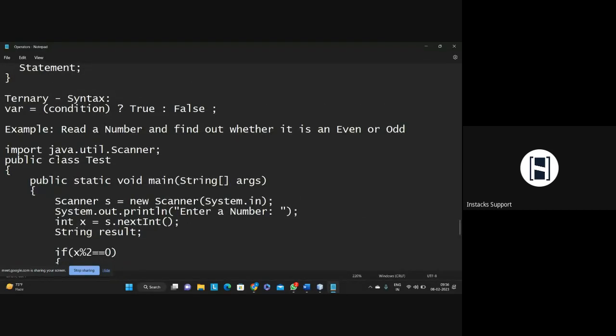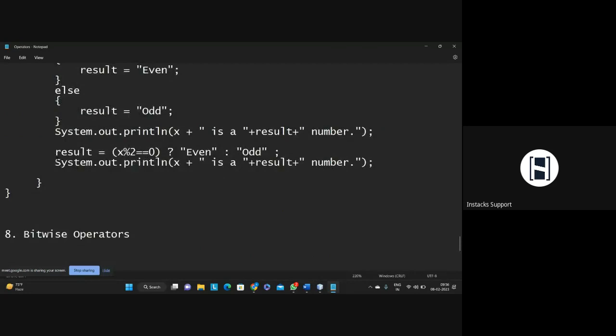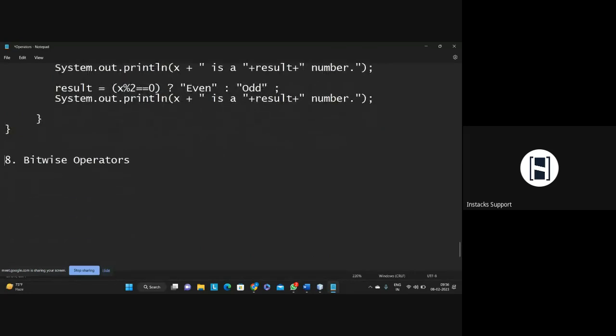Right, okay. Now, the last of the operators we have is the bitwise operators. So what are the bitwise operators I have? How many operators are there? First is and. We call this the bitwise and operator.